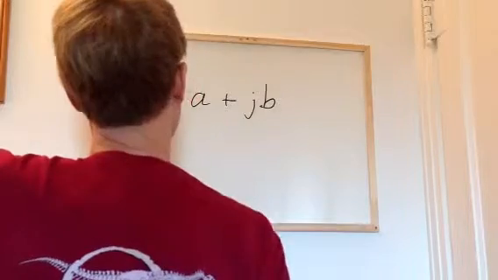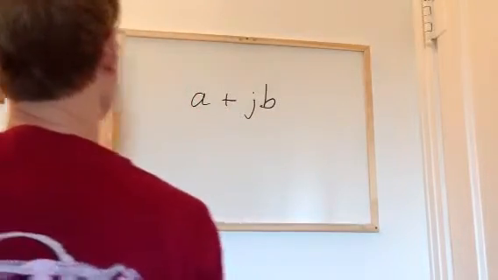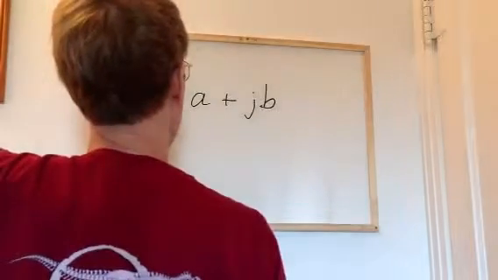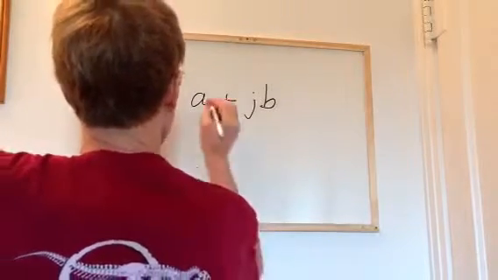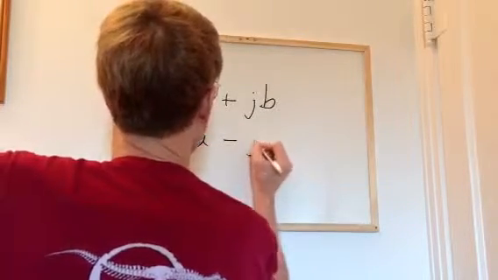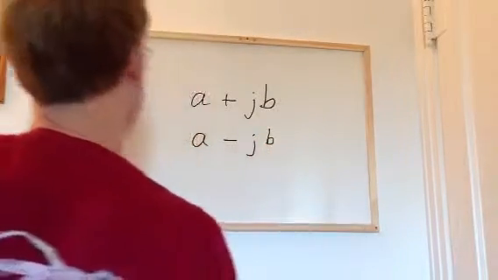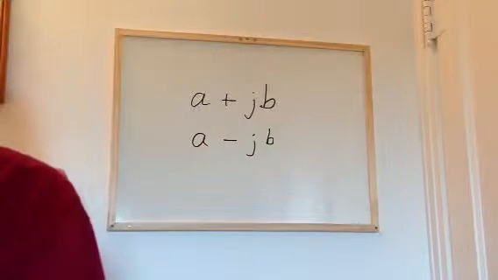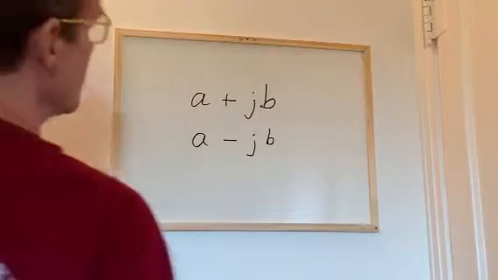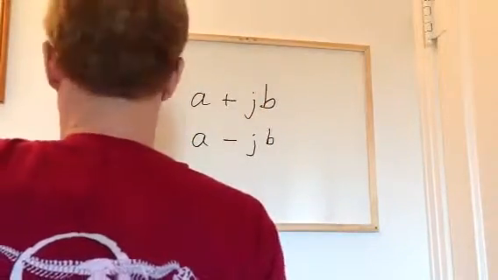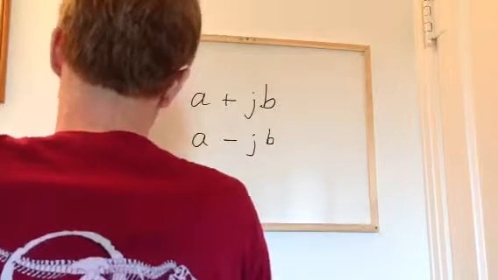A plus jB, where A and B are real numbers and j, remember, is the positive square root of -1, has a conjugate A minus jB. And conversely, the conjugate of A minus jB is A plus jB. These two are called complex conjugates.